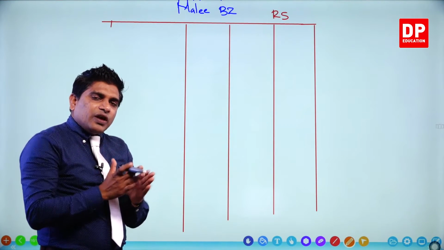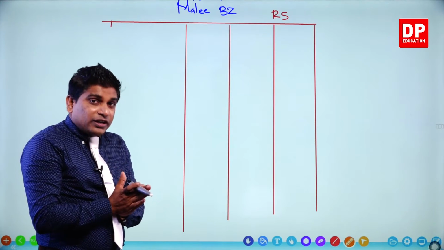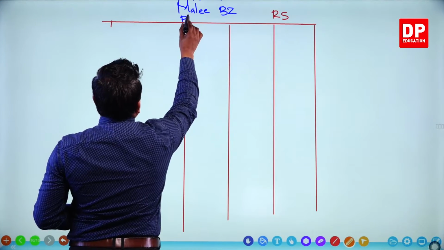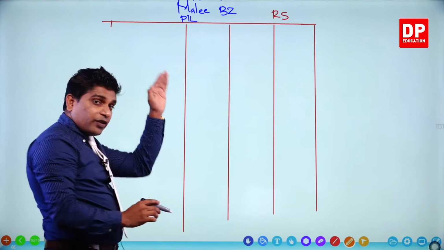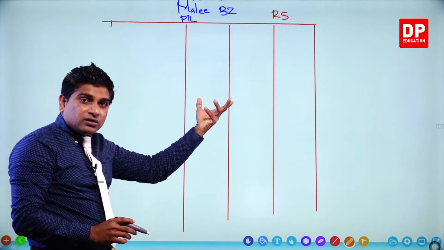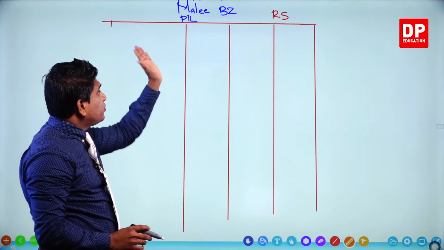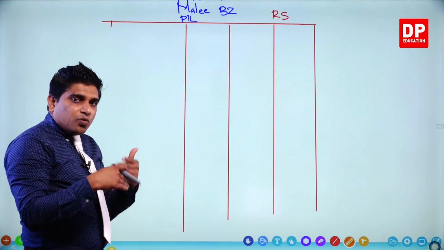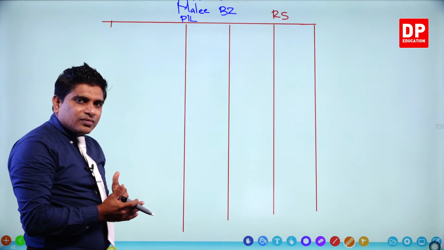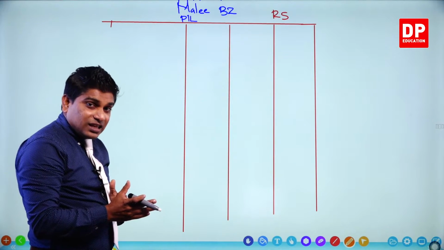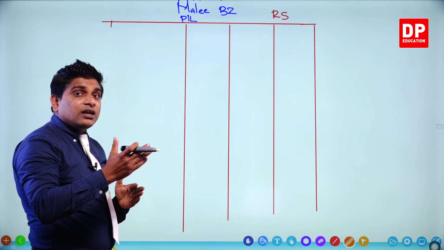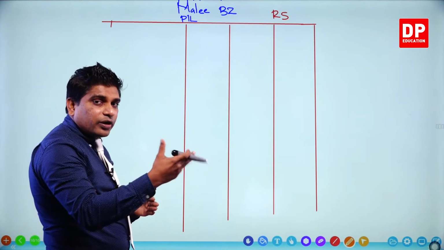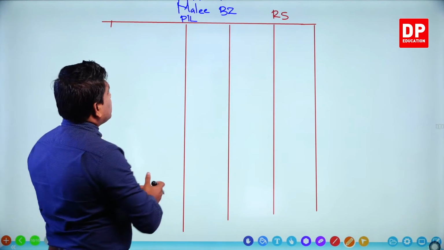What is the account we are going to draw now? Profit and loss statement. Mali's business, profit and loss statement. You have to write the long words, but here I put only P and L. What is the year ended? When does it finish? 31st December, 2020 or 2019, like that.